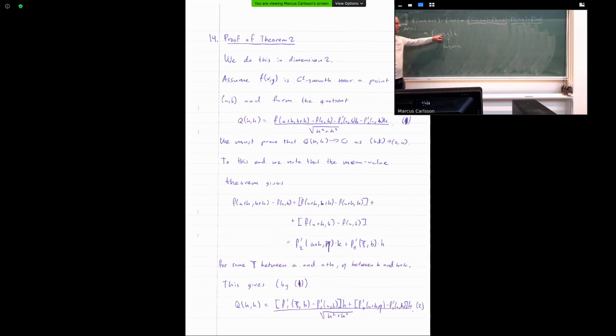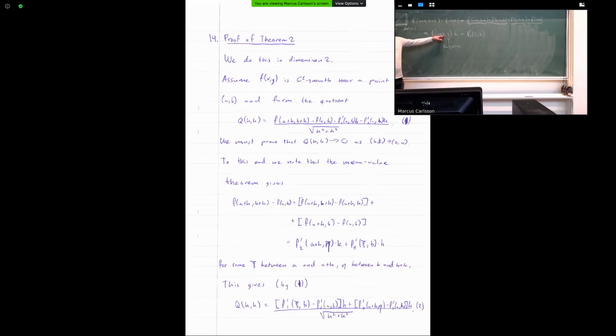So here I have still a plus h in the first one. There's a bit of an asymmetry here, right? Again, here's the difference, which I can control using the first partial derivative, at some point psi, but evaluated at b.